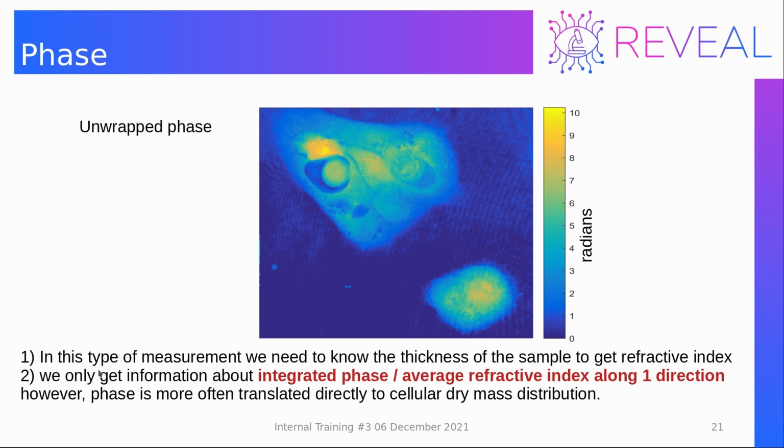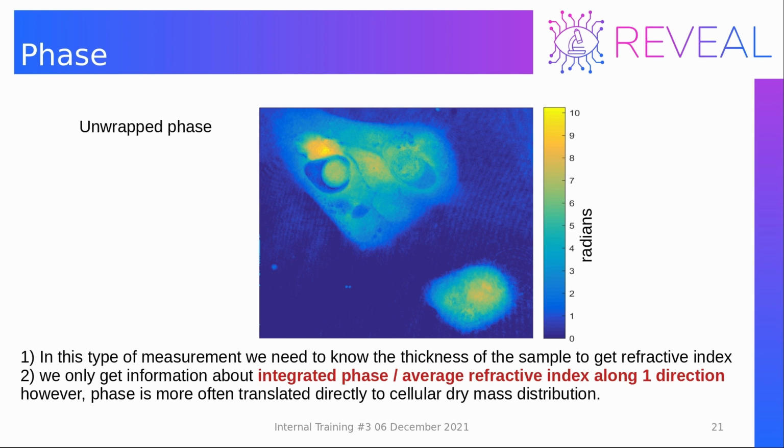The other one is we only get information about the integrated phase. So it is like the X-ray. For example, if you take the X-ray of your chest, then if there are different structures one behind another on the path of the X-ray beam, then they will be integrated. You will see them all cast on top of each other.